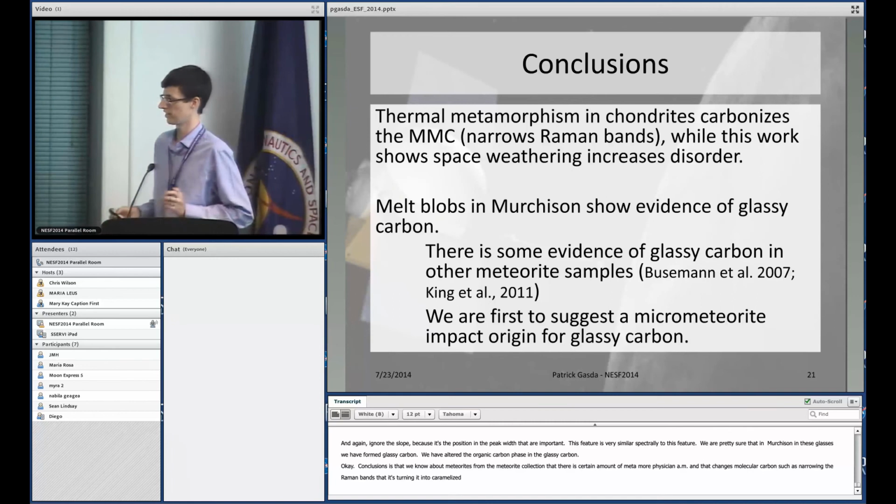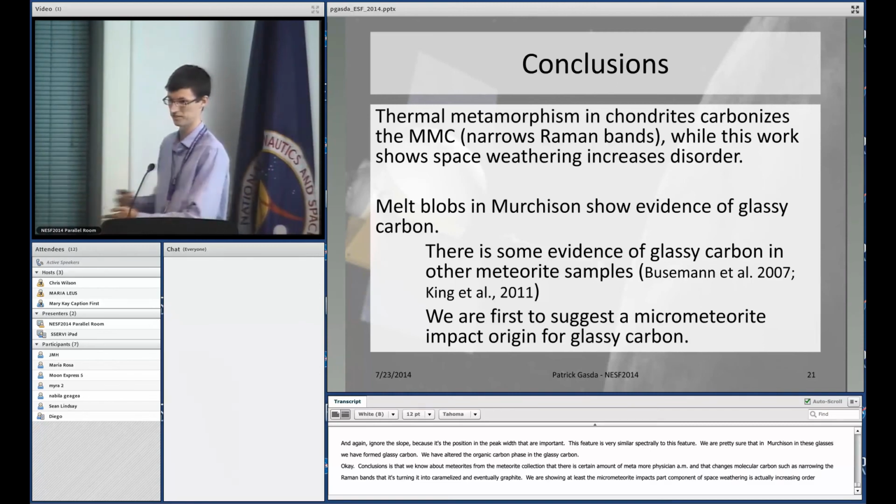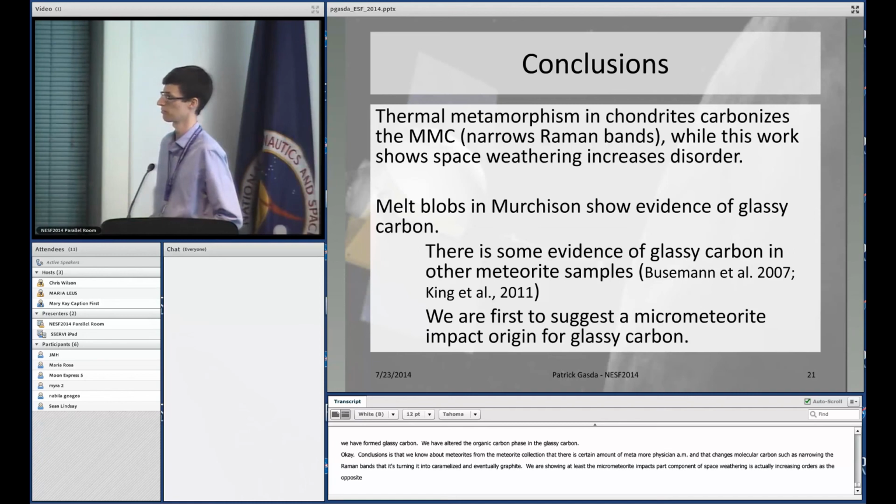But we're showing that at least the micrometeorite impact component of space weathering is actually increasing disorder, so it's the opposite of thermal metamorphism.